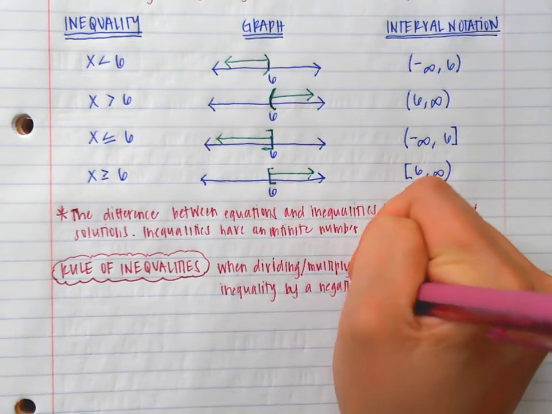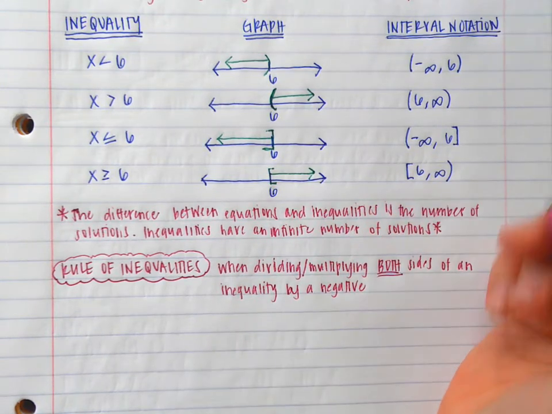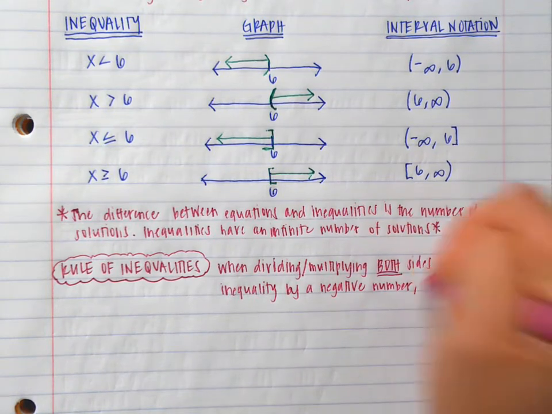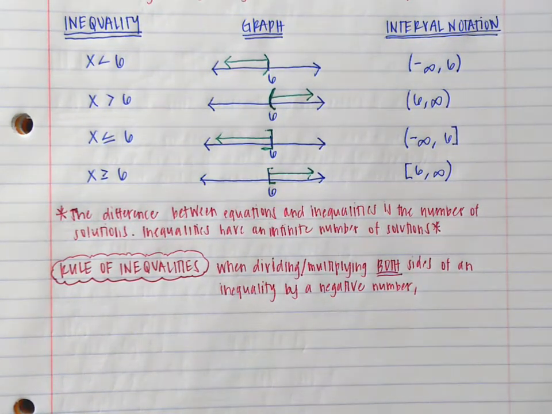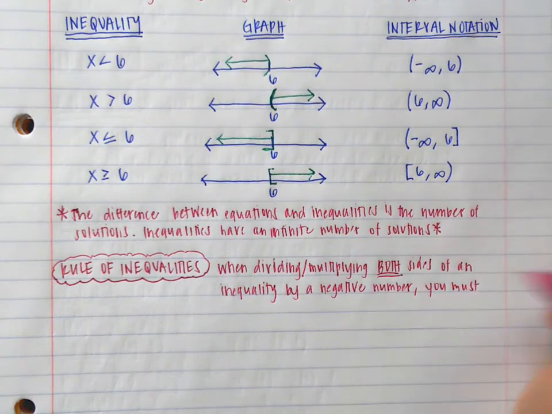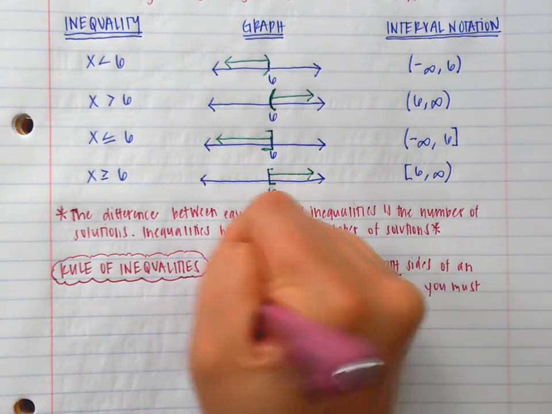Now, if the light bulb hasn't gone on, you're like, oh yeah. You must flip the inequality symbol. Don't worry, we'll do examples. You must flip the inequality symbol.